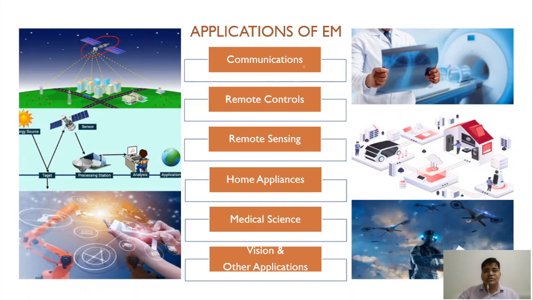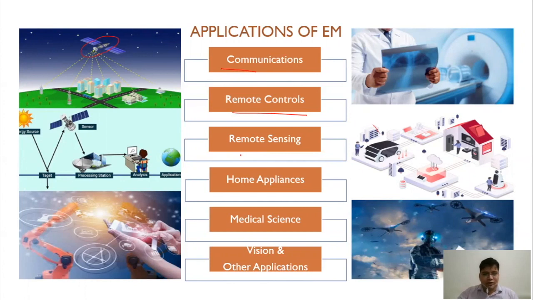So let's start. The first point is communication. We use the electromagnetic waves in communication. We use them for controlling devices and equipment remotely. We do remote sensing, and we will discuss how it works.